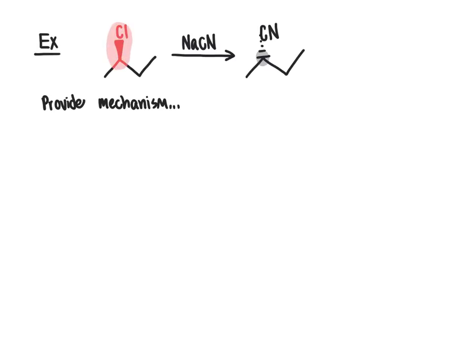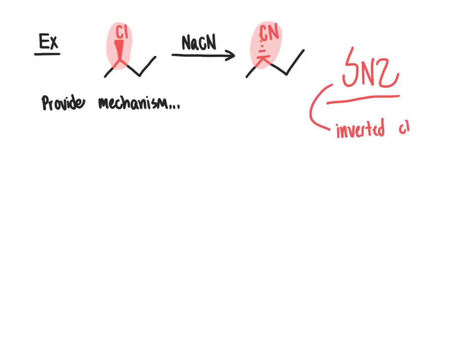So we have a chlorine that's a wedge becoming a cyano group, CN group, that is a dash. So we've inverted the stereochemistry going from reactant to product, flipped the chirality, in other words, and that inversion of stereochemistry indicates to us that this has to be an SN2 mechanism, because we've inverted the chirality there at the chiral center.